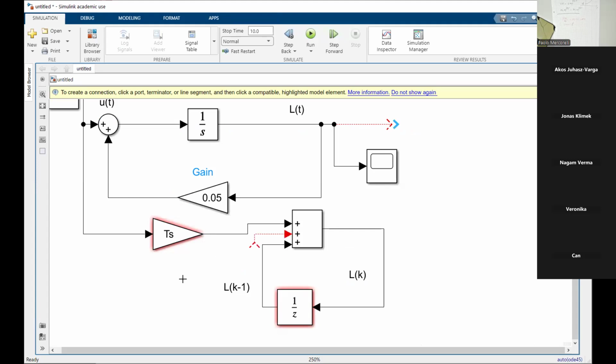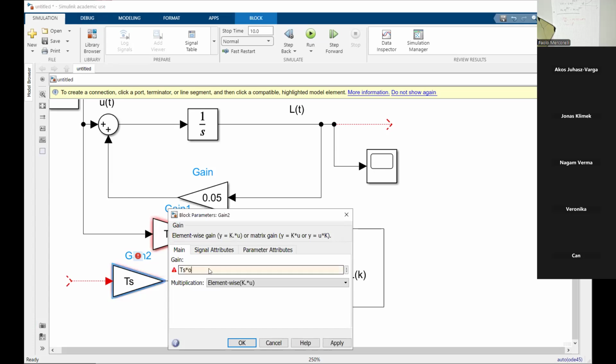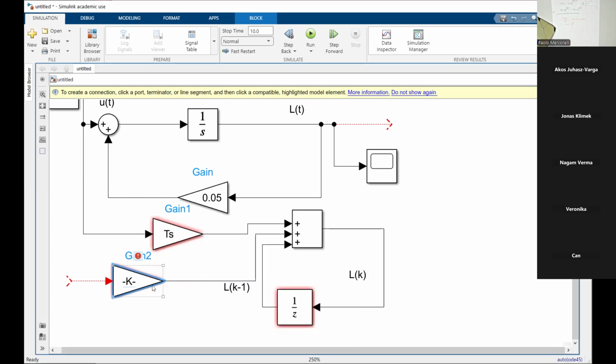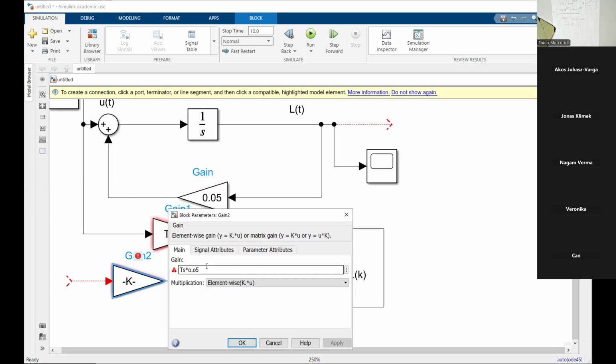And here we have L of k minus 1 multiply Ts multiply 0.05 because it's written Ts multiply, I made a mistake with 0. Yeah, excuse me. I put O instead of 0, I think. Right, now.